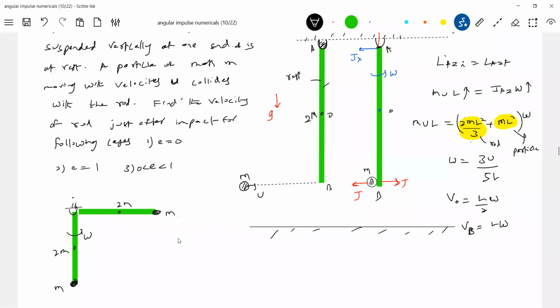Now I'm going to apply the formula like this: half into moment of inertia, 2m L squared by 3 plus m L squared, into omega squared. This should be equal to what? The increase in gravitational potential energy. How much will 2m ascend? 2m g L by 2. How much will m ascend? m will ascend by height L. We will get the required omega. That omega we will substitute, and that should be the initial velocity of the particle.